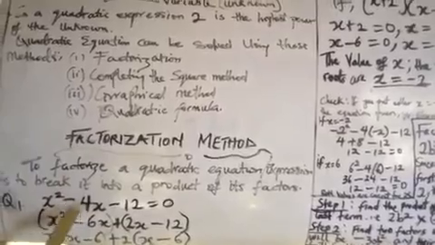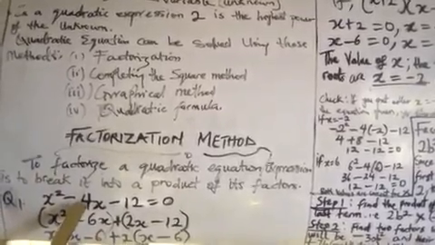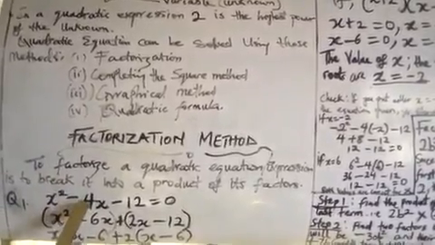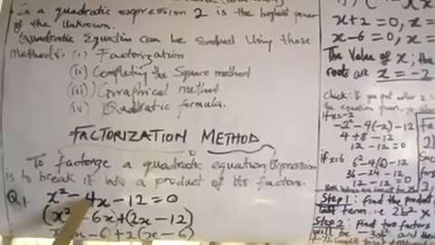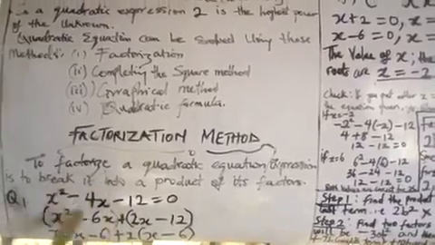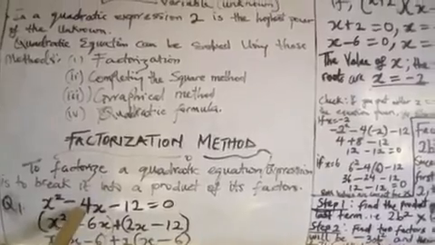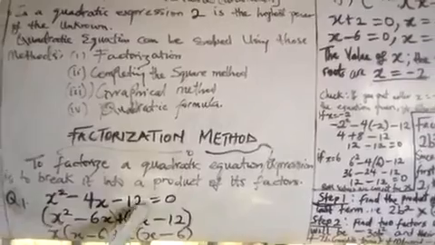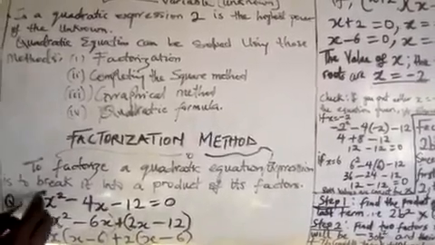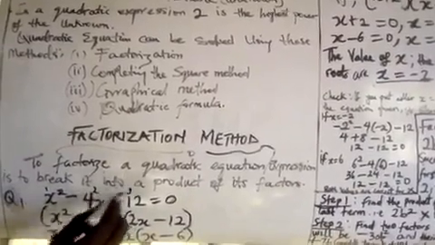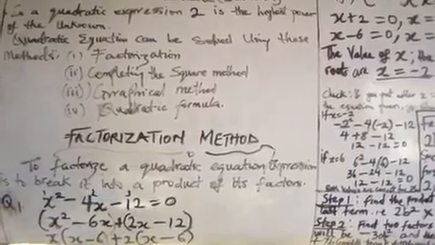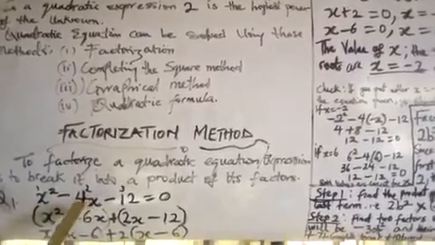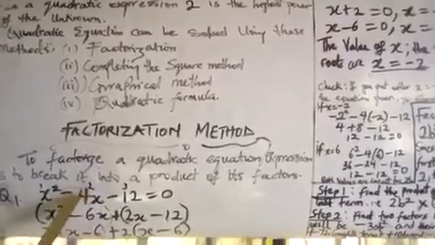What values can you add together that will give you this middle value, and at the same time, when you multiply them, will give you the third term? This is the first, this is the second, this is the third term.